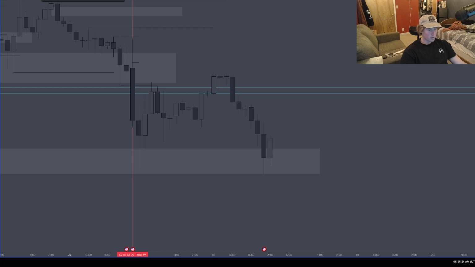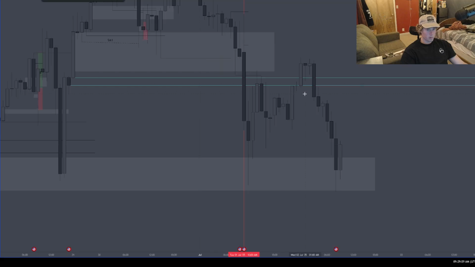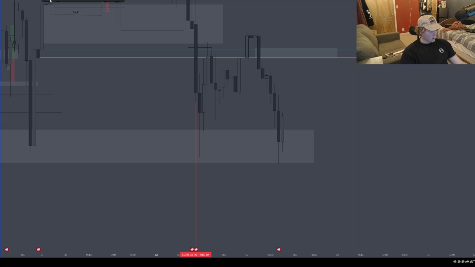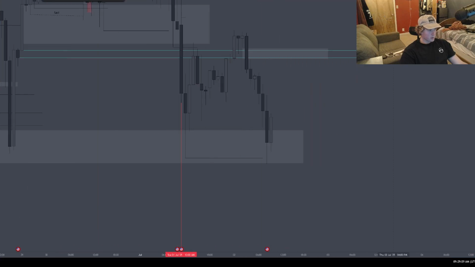So we've got a 1 hour BPR / unfilled gap up here, aligning with the new week opening gap. This low was ran. See if we have an SMT.